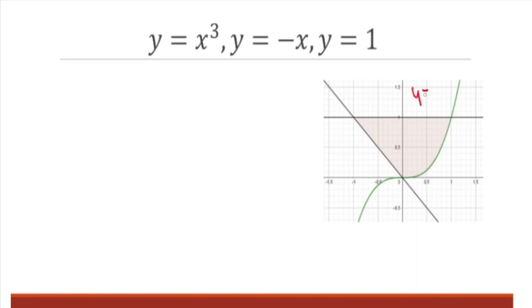We have this one, y equals 1. This one is y equals negative x. And this one is y equals x cubed. Okay, so we can divide this into two parts.